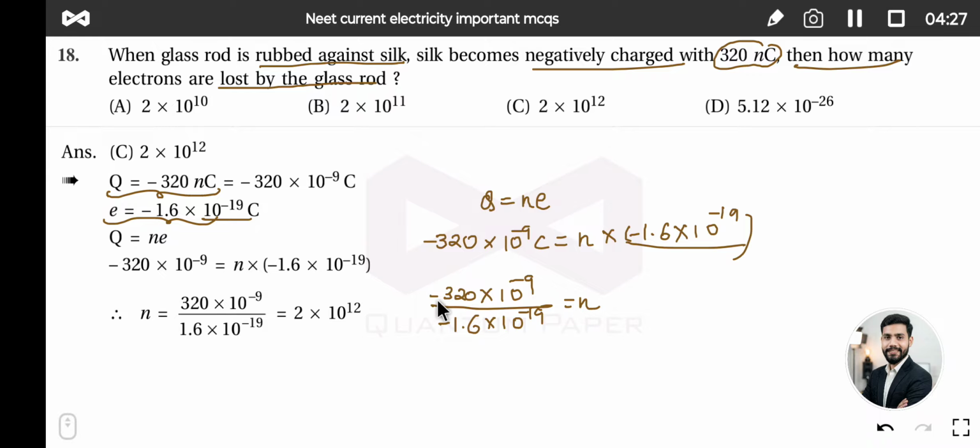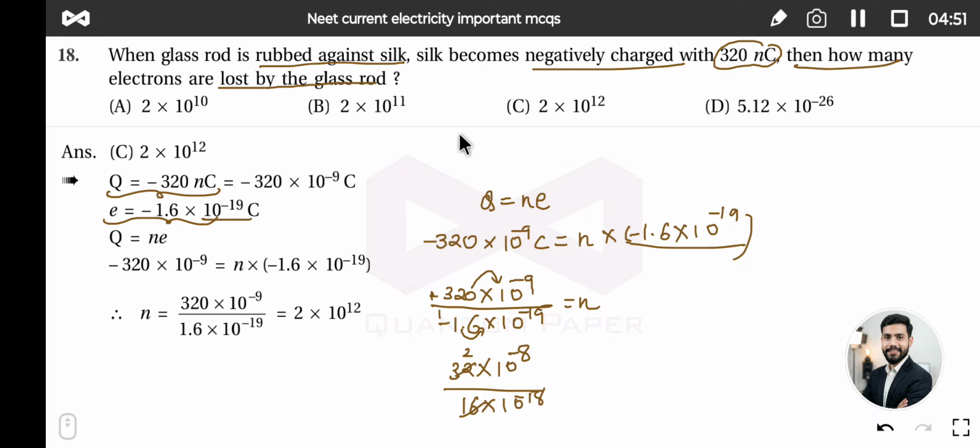So this minus will get cancelled, and if you remove the decimal, then in the numerator it becomes 32 into 10 raised to minus 8 upon 16 into 10 raised to minus 18. So 16 into 2 is 32.